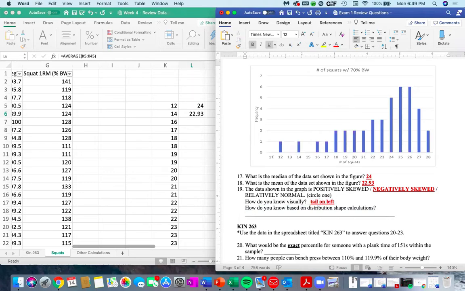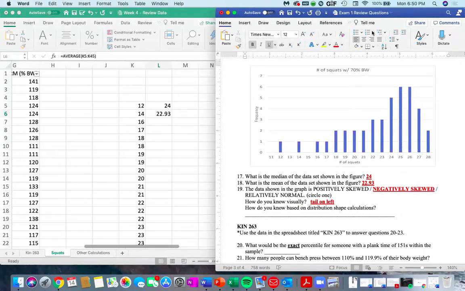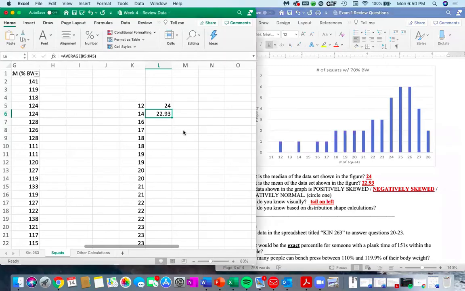Okay. How would we know based on distribution shape calculations? Someone put in the chat. Finding the z-score. Not quite, but kind of. If you're talking about z-score for percentile, then no. But if you're talking about z-score for skewness or kurtosis, then yes. Okay, so remember, skewness and kurtosis are calculations that we can perform to figure out the shape of our distribution.